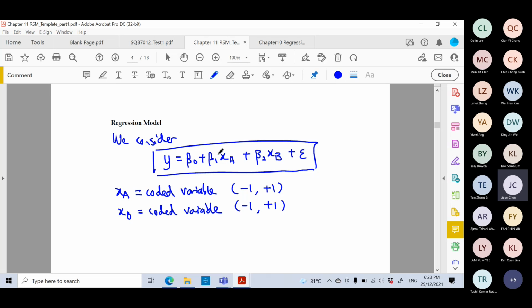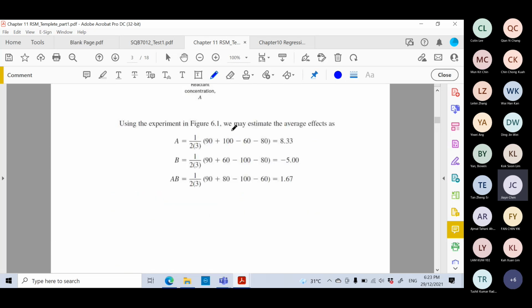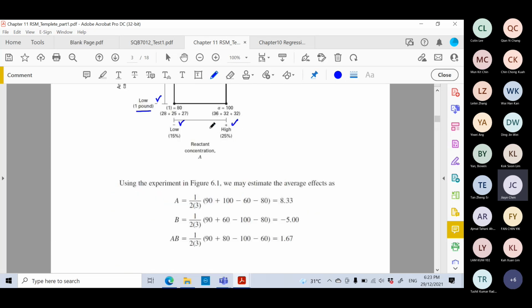Our regression model will be based on the coded variables, meaning XA and XB use -1 and +1. But after we form the equation, we can still convert XA and XB back to the original values of these variables, which we call natural variables.